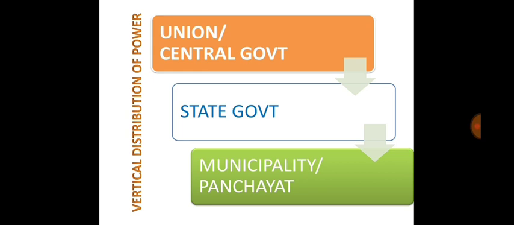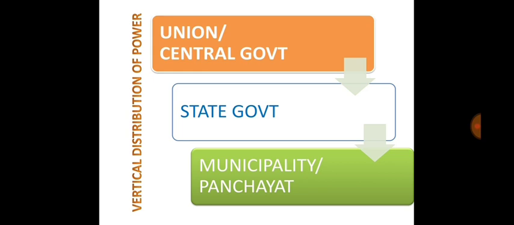Their jurisdiction and their powers are enumerated in our constitution. The list of works assigned to them is already declared. Union or central government works on the central list, and the state government works on the state list.